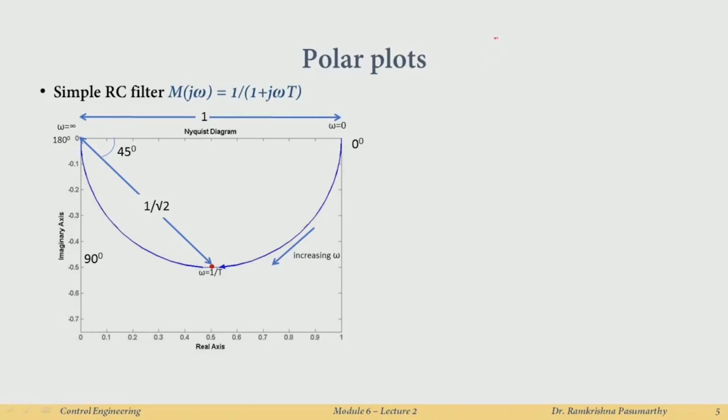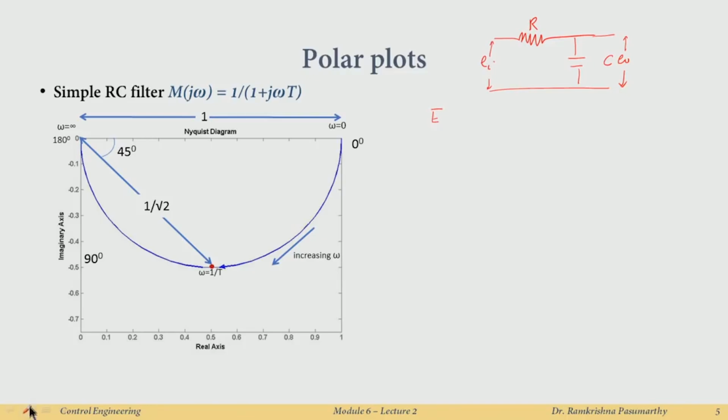So I have an R element. We have done this while we were deriving basic transfer functions. So I have an R, I have a C, the input voltage here, and the output voltage here. Okay. So I will not derive the transfer function, but I will assume that you know this.